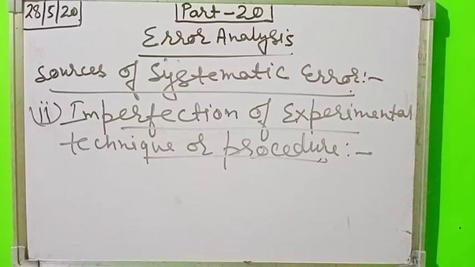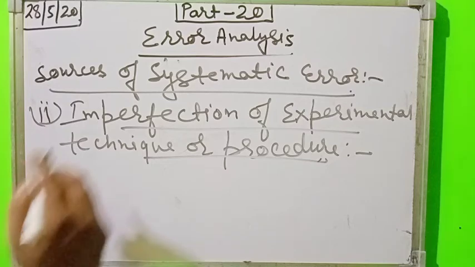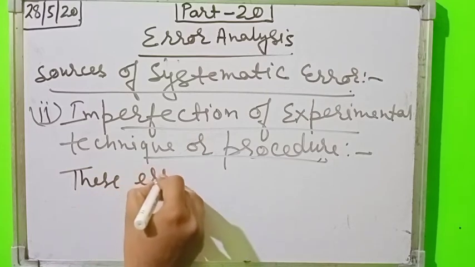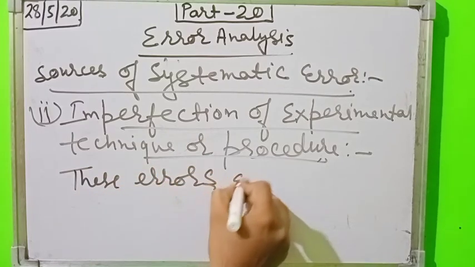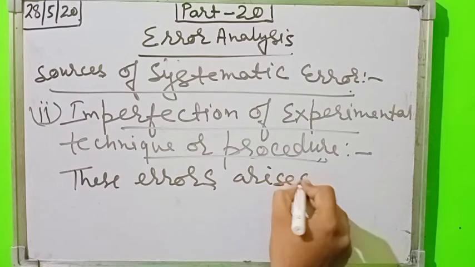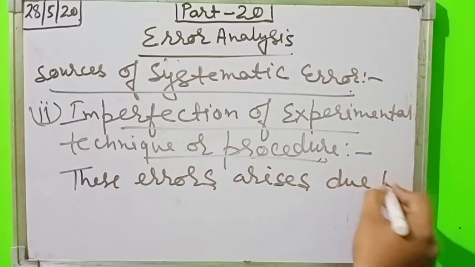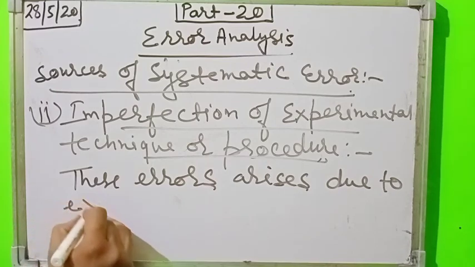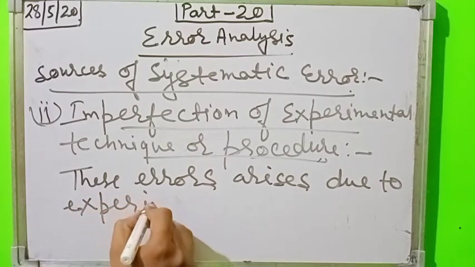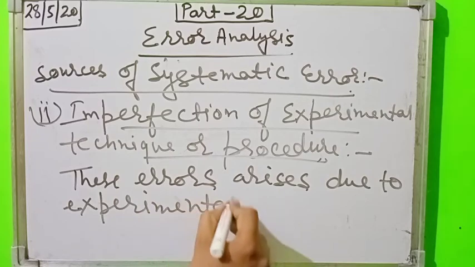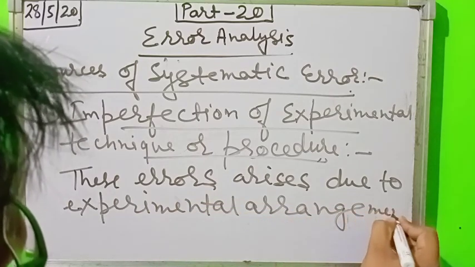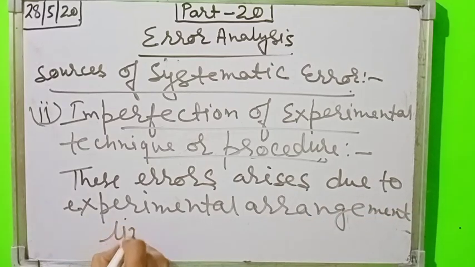For example, write one thing. These errors arise due to experimental arrangement limitations.